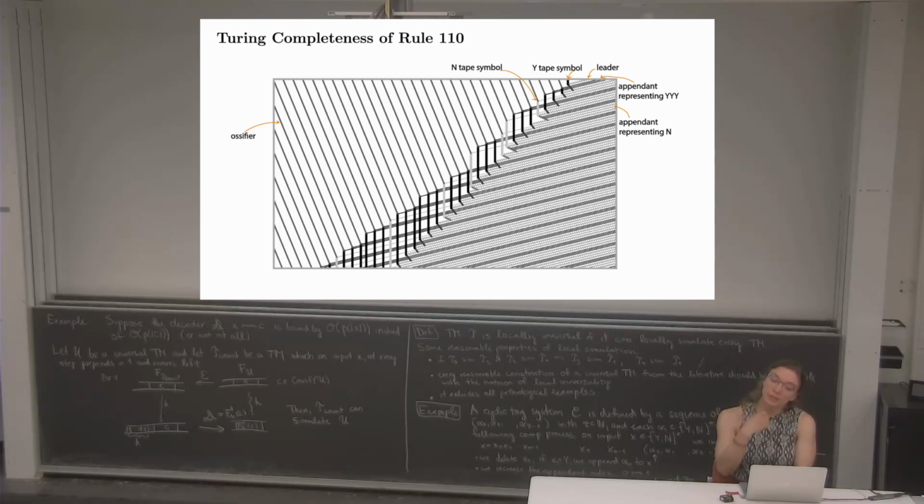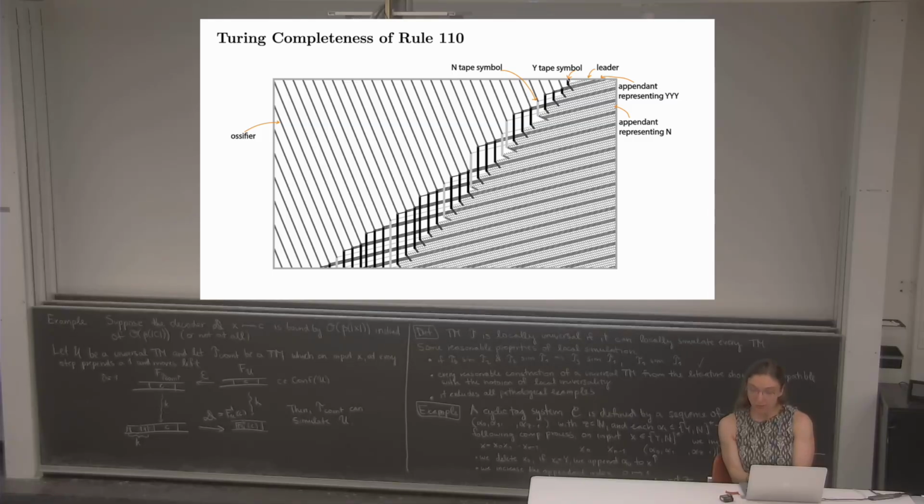What happens is that at every update, one of these appendants gets destroyed. That's why you have to supply infinitely many of them if you want the simulation to work for arbitrarily many time steps, and it works like this. Essentially, every sequence of gliders which represents a certain appendant has a certain leader that travels in front of it.